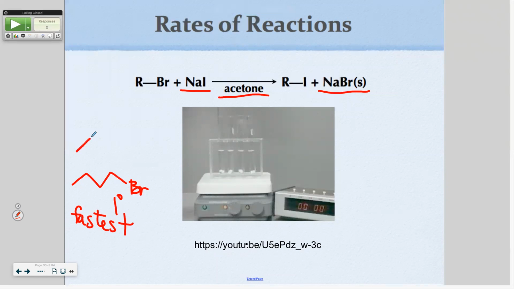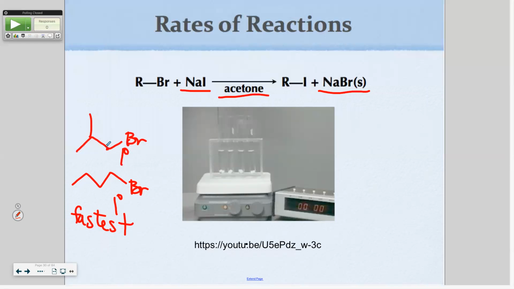Okay. This one was the second fastest. Now, if you classify that one, what do you get? How do you classify an alkyl halide? Look at the carbon the alkyl halide is attached to. Is it primary, secondary, or tertiary? This is secondary? Primary, right?